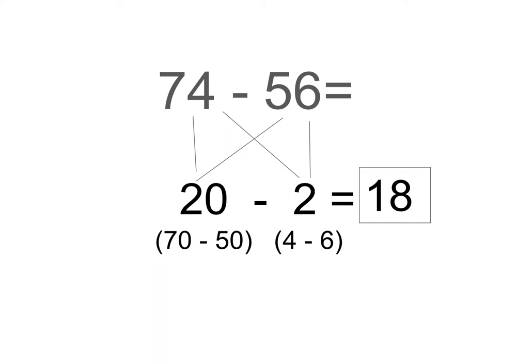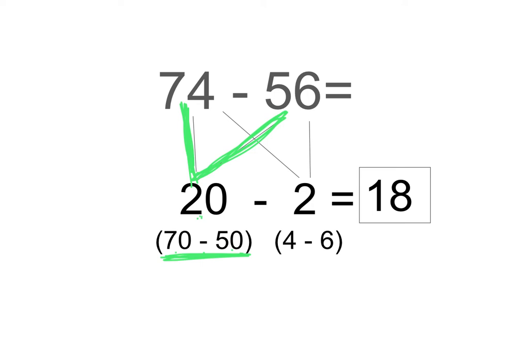Let's try another one. All right, 74 minus 56. So we'll subtract our tens value. So we'll take our 70 and we'll take our 50 and we'll say 70 minus 50 equals 20. A lot of times your teachers will even want you to write this underneath the value so they can see where you got that answer of 20.